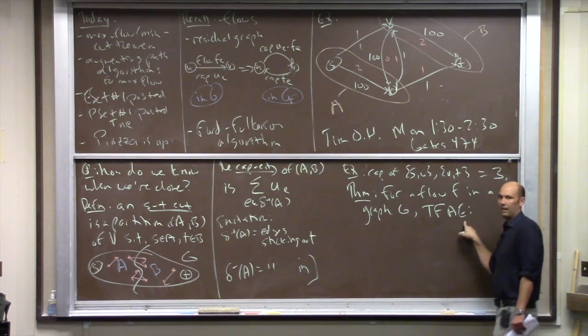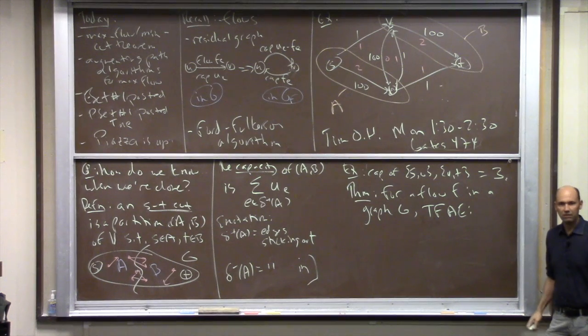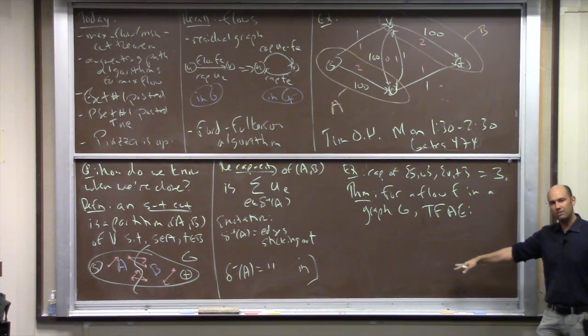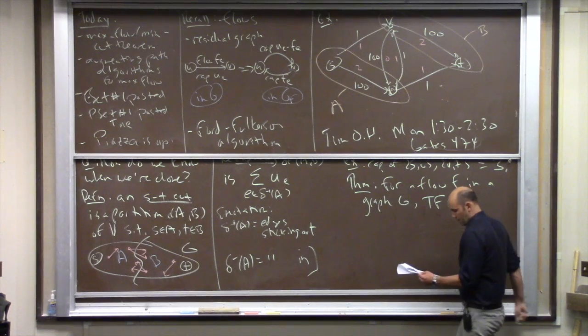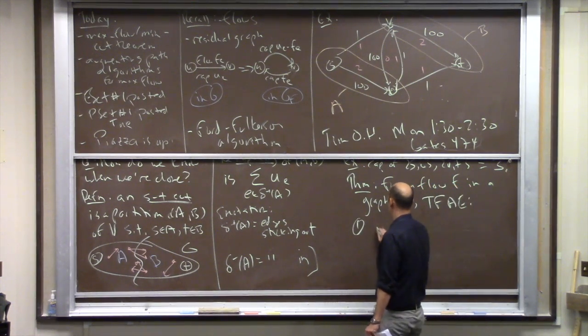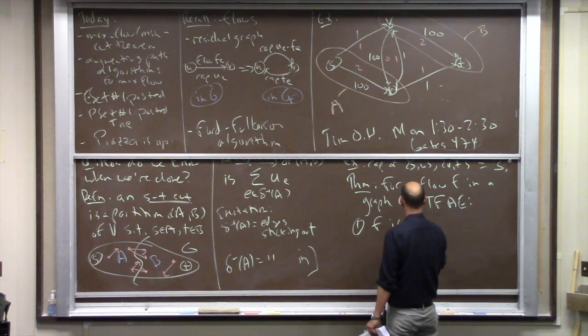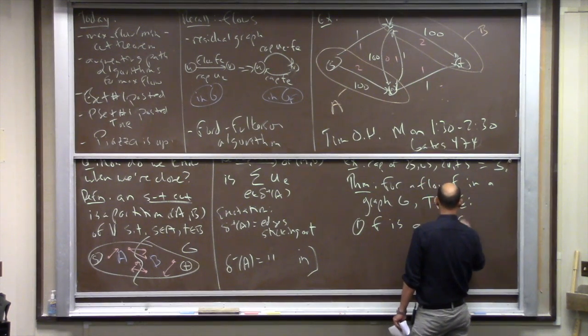TFAE, that's the following are equivalent. So I'm going to write down 3 statements. This means either all of them are true or none of them are true. Those are the only 2 possibilities. Okay, so condition 1, something we care about: F is a max flow.